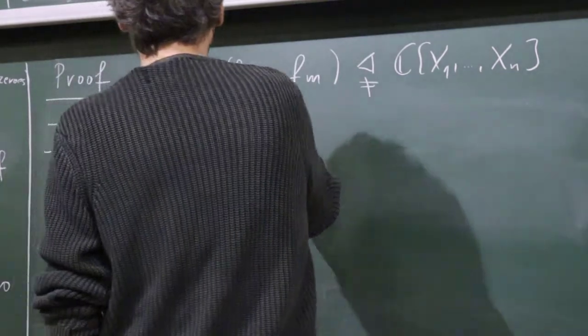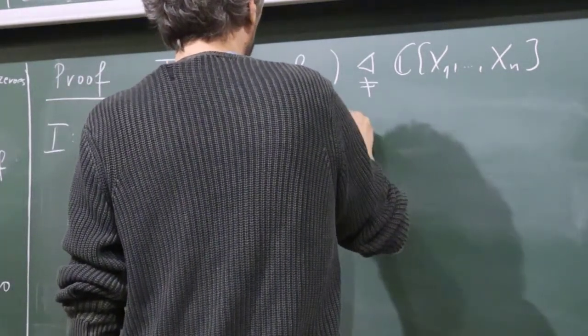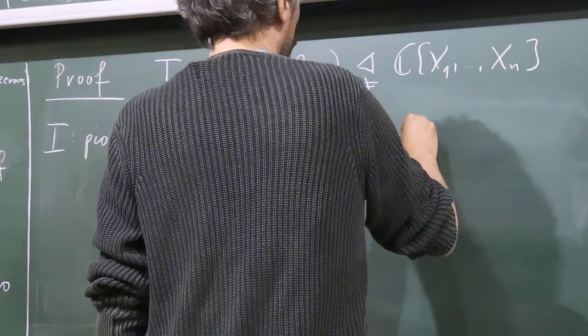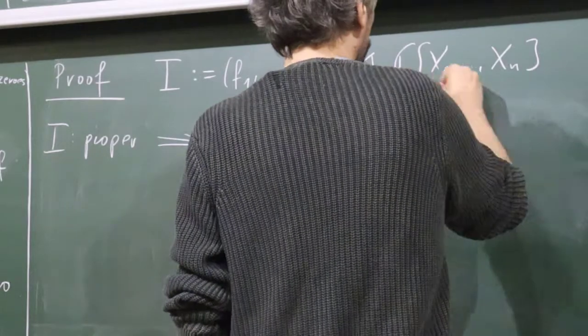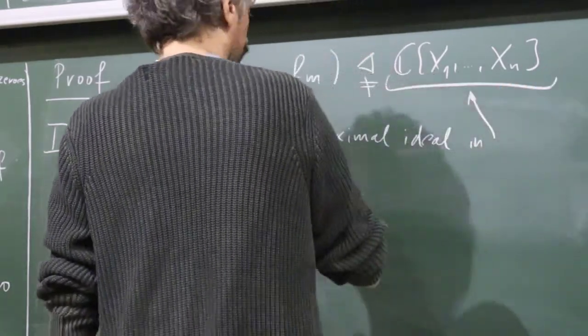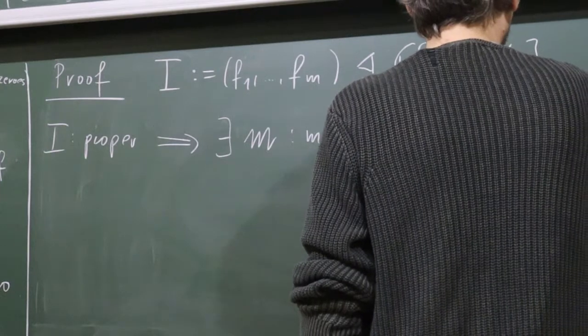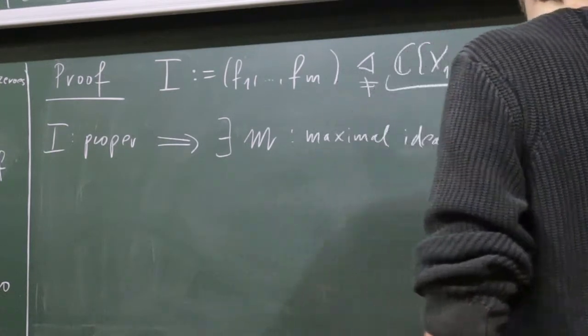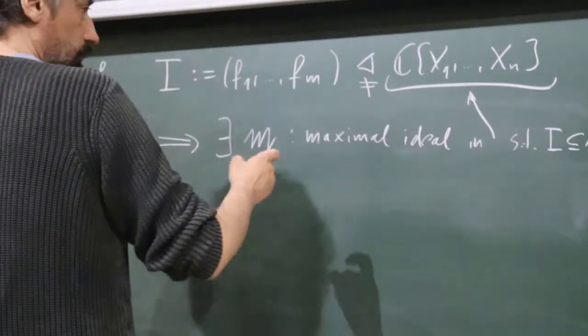then there exists a maximal ideal M containing I, such that I is contained in this M, and we look at the quotient.